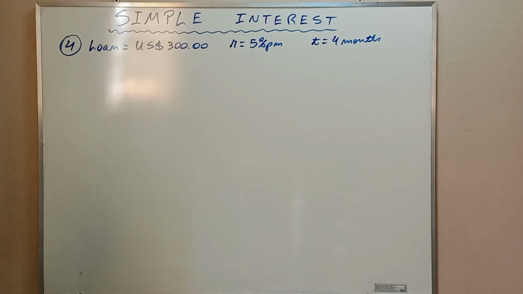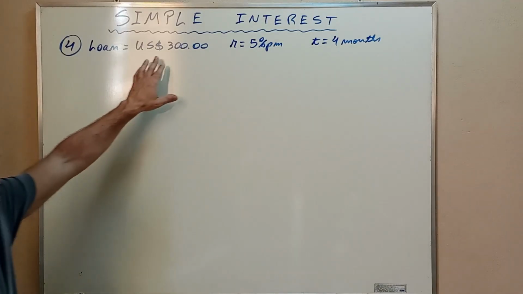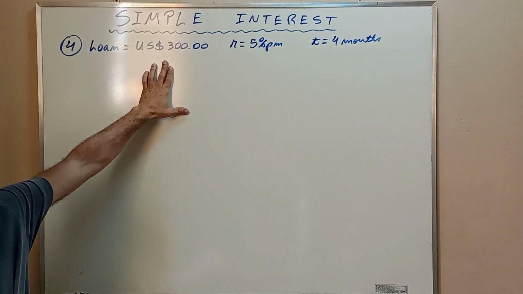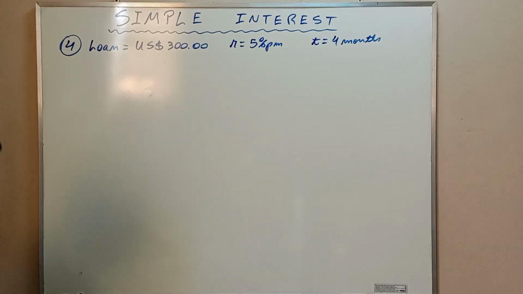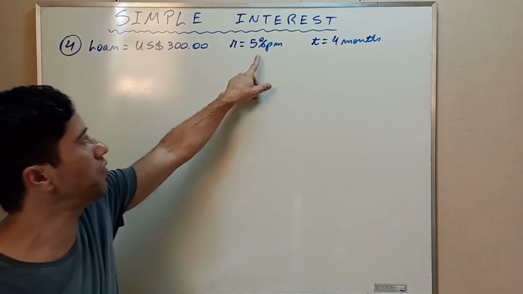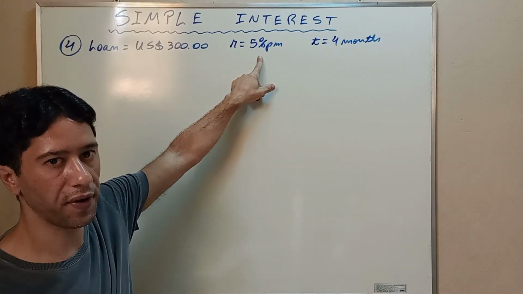Let's go to the solution, but before going to the solution, let's review the information. John lent Oliver $300. So this is the amount of the loan, okay? At a simple interest rate of 5% per month, okay?